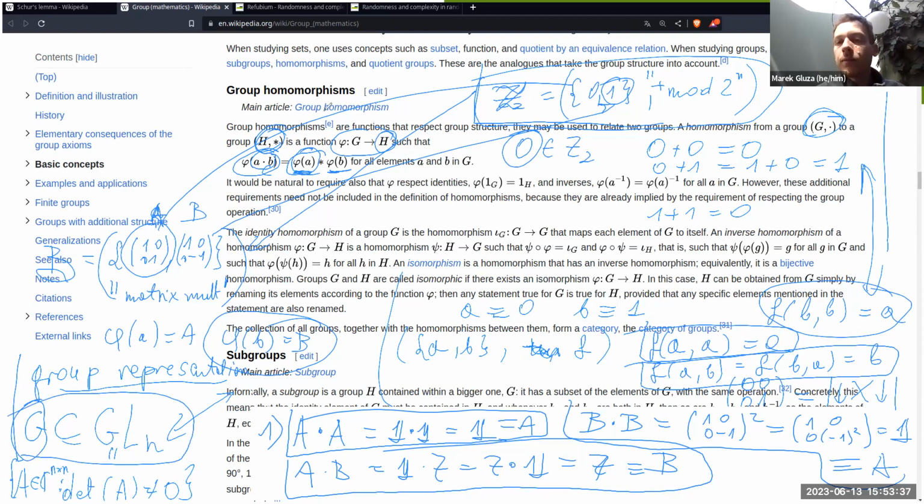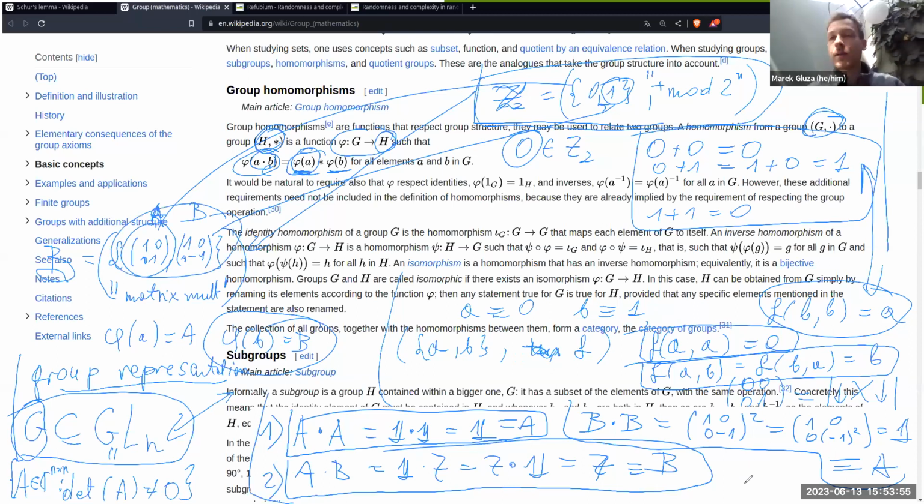So now instead of doing this multiplication modulo 2, the way I did this, the way your processor on your computer does it, instead of that, I could be doing matrix multiplications and then go back. Okay, that's what I was doing here on the bottom. This was the second check, that was the third check. We check that all of them are the same. Okay, so that is a group representation.